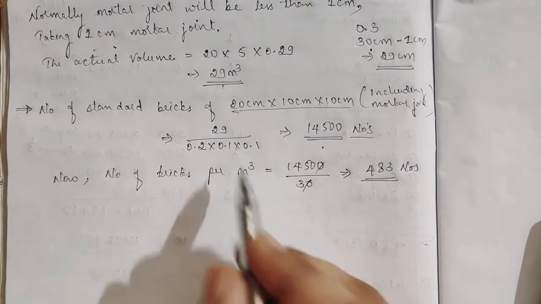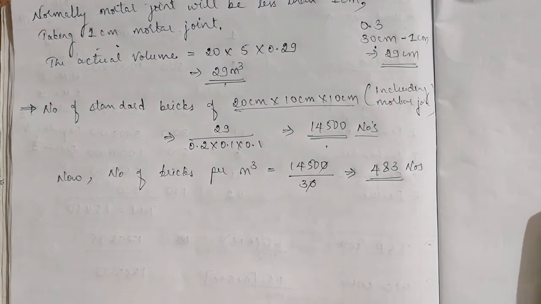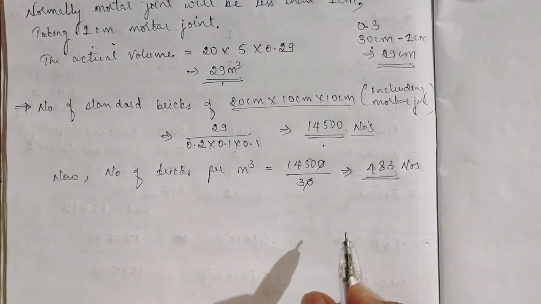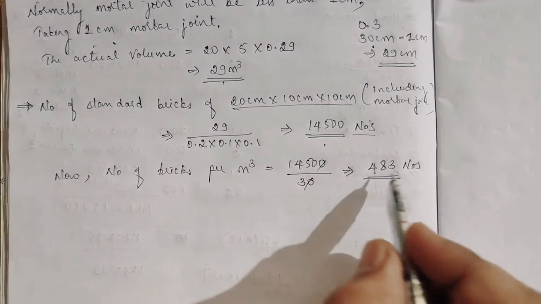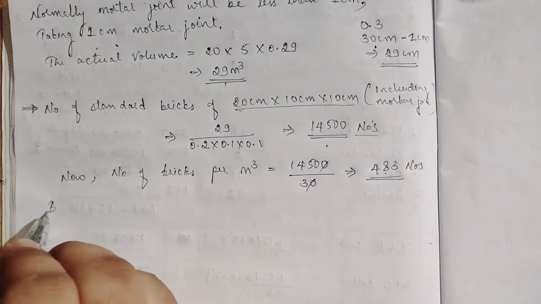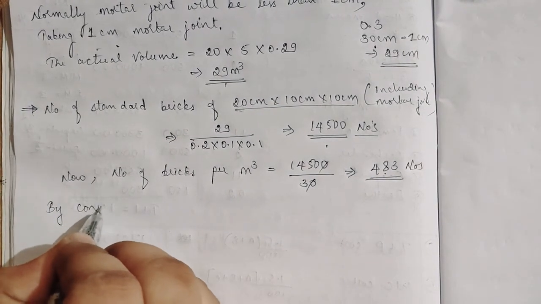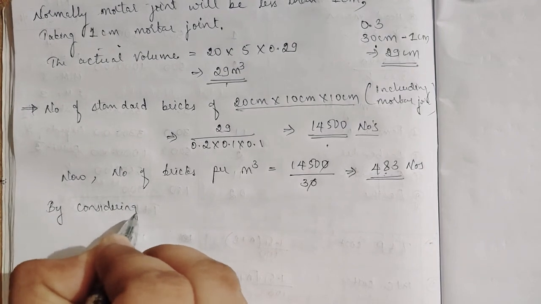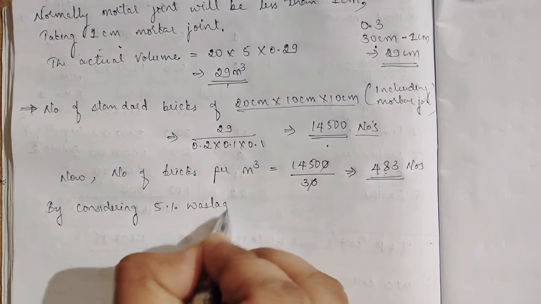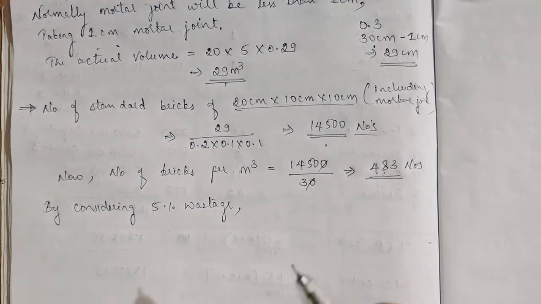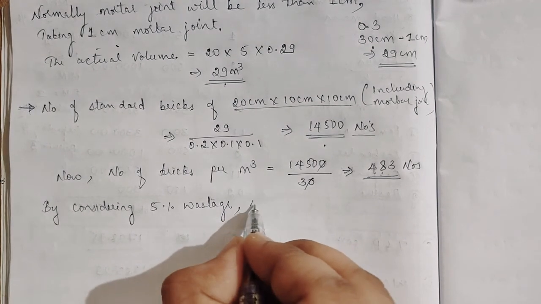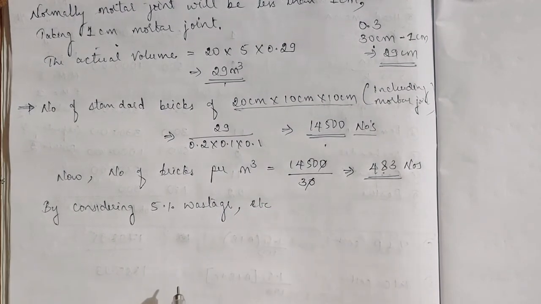Okay, if you divide by 29 you will get a direct 500 number, but I'll take somewhat extra. So that if I get 483 numbers also, see here I'll consider, because wastage will be there, 5% wastage, or breaking or transportation etc., that is wasted.